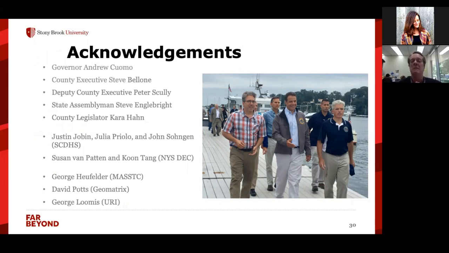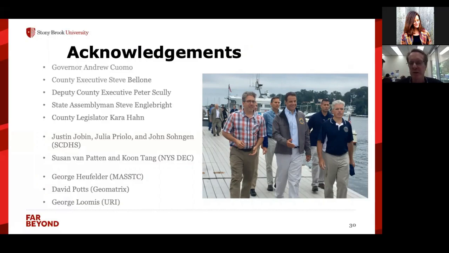So we'd like to acknowledge people who have made this research possible. Governor Cuomo started our center, so we are very indebted to him to be able to do this work, as well as County Executive Steve Bellone.